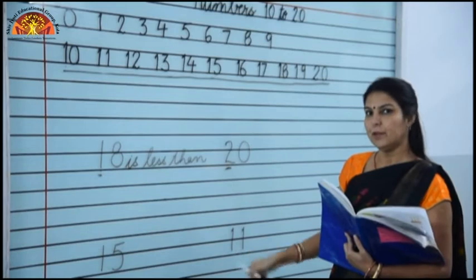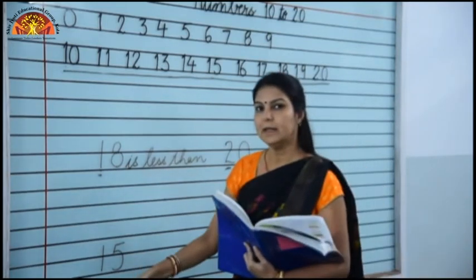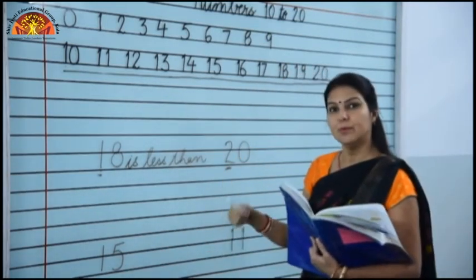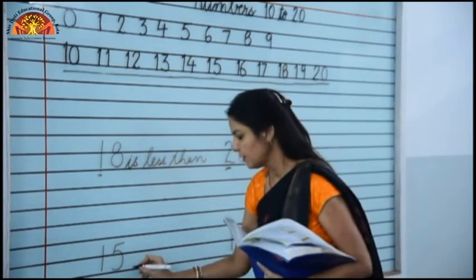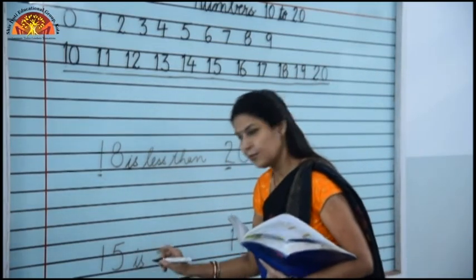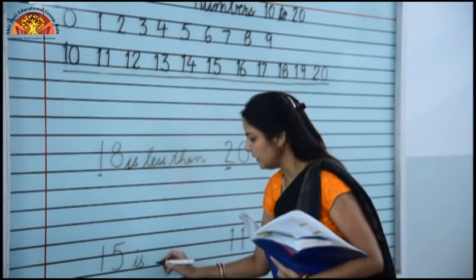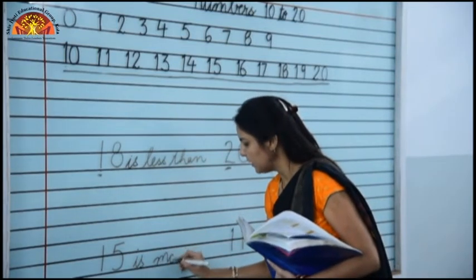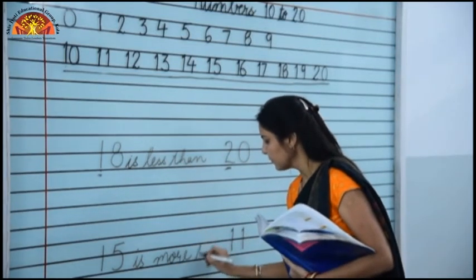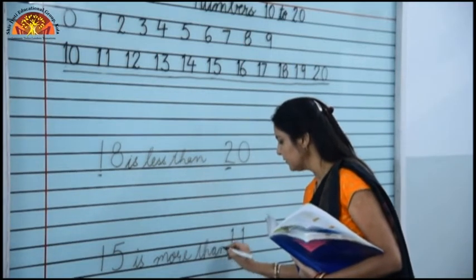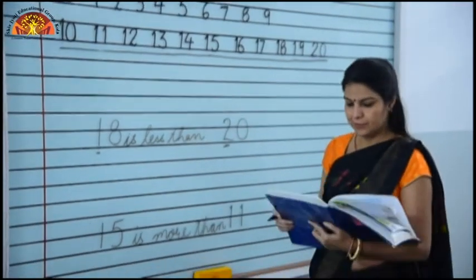So 11 will be smaller. So how we will read it? 15 is more than 11. 15 bada hai. So we will read it like 15 is more than 11. I hope you have understood.